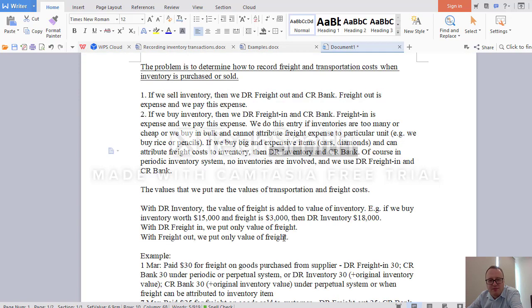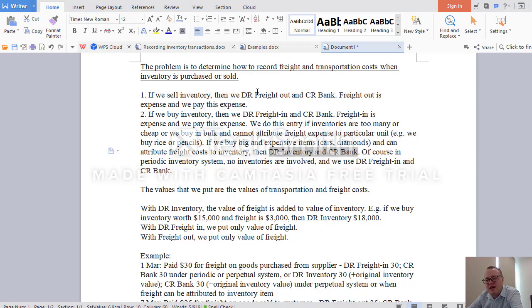For example, if you use inventory account, then you must add the original cost of inventory plus the cost of freight. So therefore, if inventory cost 15,000 and the freight is 3,000, then here you must put 18,000, and as well here 18,000.